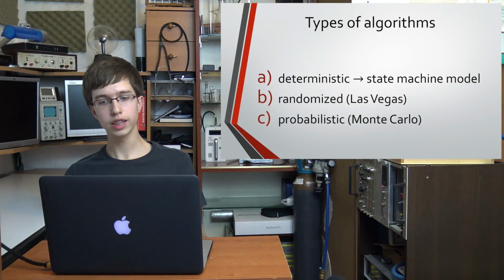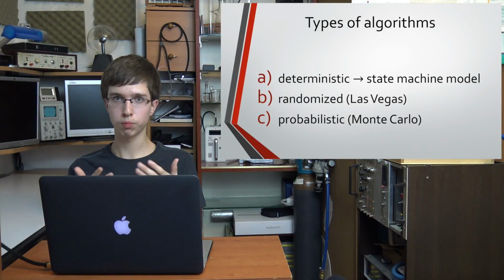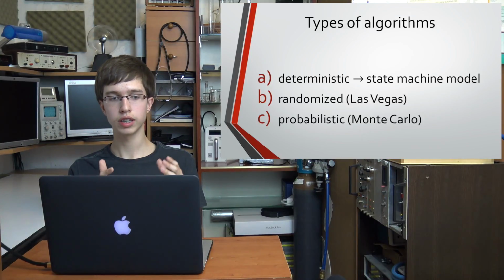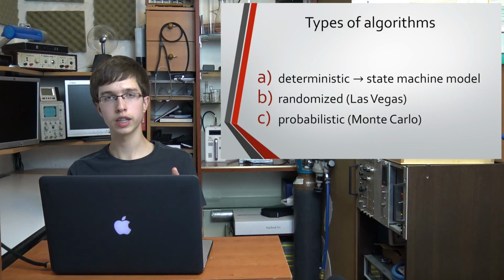Here we have also randomized, also called Las Vegas algorithms, which employ some degree of randomness. So they randomly pick input states, but output states are always correct according to the same input states. So it has this correctness characteristic of algorithms, which is very important.